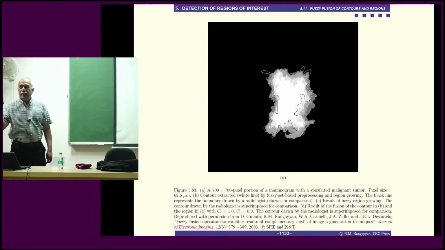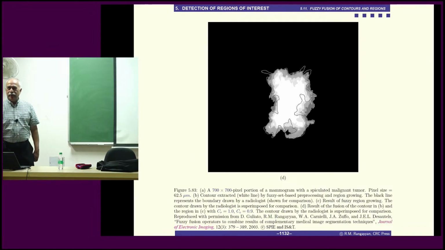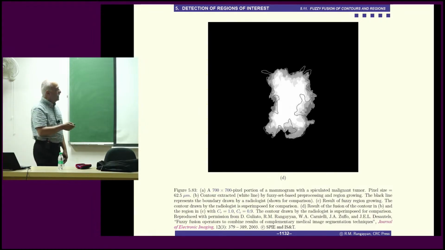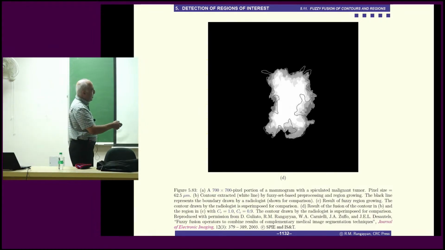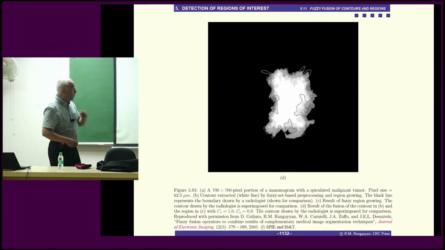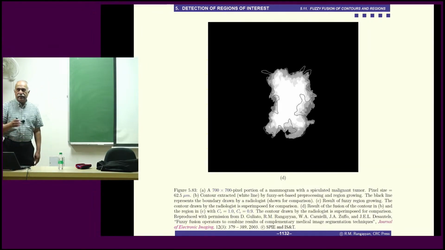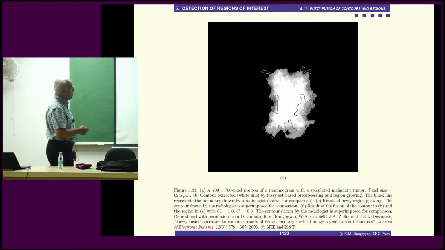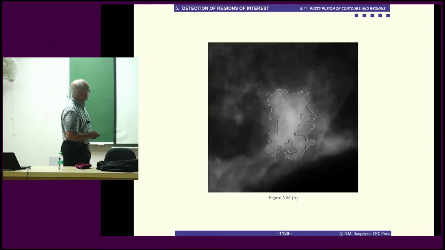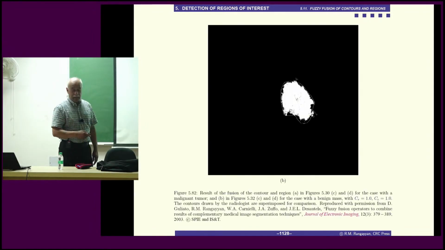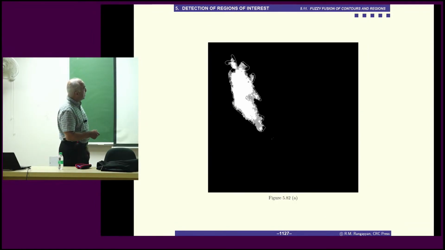So some of that was outside the contour, but not in the fuzzy region, is not exactly rejected, but the membership is low. There are many pixels around the boundary that have low membership. So we found that this was a good indication of malignancy of the mass. This is a speculated malignant tumor. And go back, this is benign, and this is also malignant.